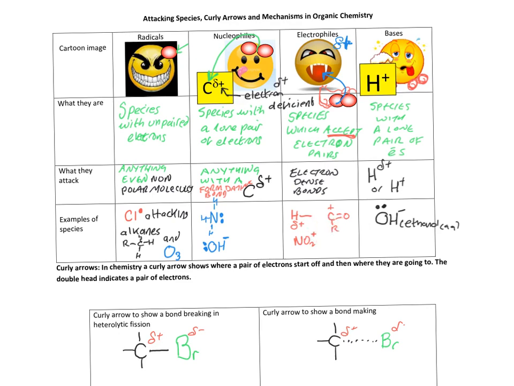And finally, the last attacking species is a base, which nucleophiles under certain circumstances can double up as bases. Bases, instead of attacking electron deficient carbons, will attack electron deficient hydrogens. They will donate a pair of electrons to electron deficient hydrogens. Examples of bases are hydroxide ions.